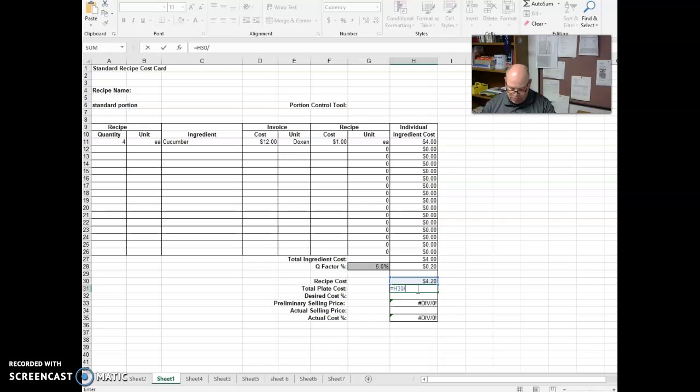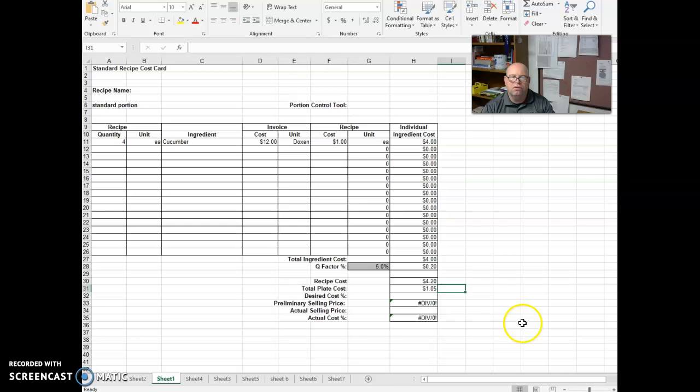For my purposes here, I'm going to put in a 4. So this separates it into 4 equal portions. After I do that, you can see it's telling me that my recipe cost was 420, but divided by 4, each portion or each plate is going to cost $1.05.